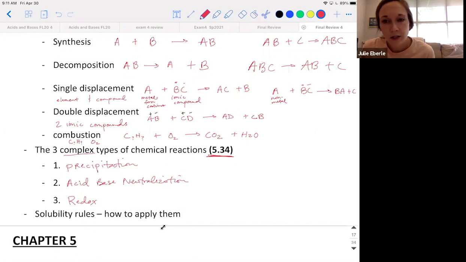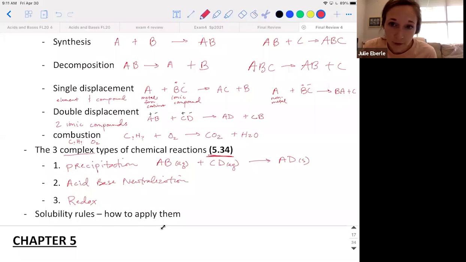So for precipitation, that is when you have compounds, and it usually looks a whole lot like double displacement, so like AB, but these are aqueous, CD, and it's aqueous. And then on the product side, you get something that's not aqueous. So if they switch and you end up with AD, let's say that forms some sort of solid.